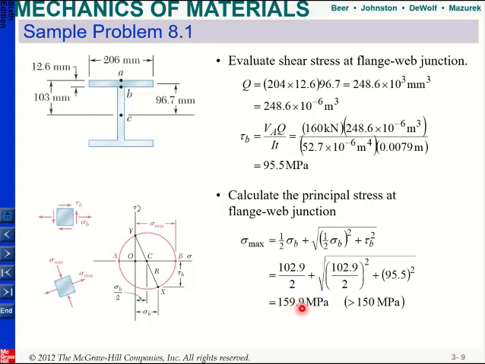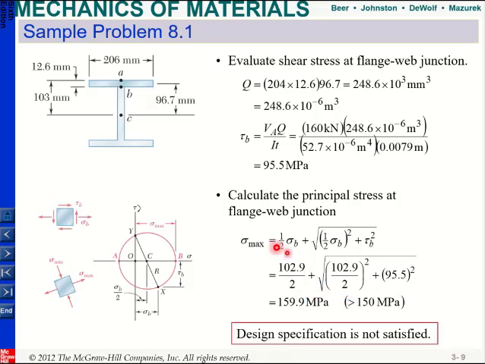Okay, so the normal stress due to bending was 102.9, but since I also have a large shear stress, if you calculate your maximum stress, it ends up with almost 160 megapascal. And since it's larger than 150 megapascal, I know that this cross section will not work.